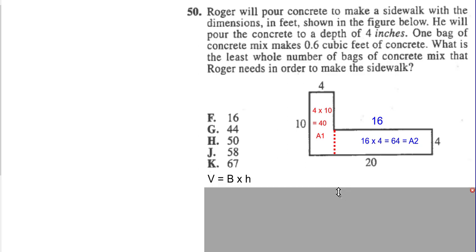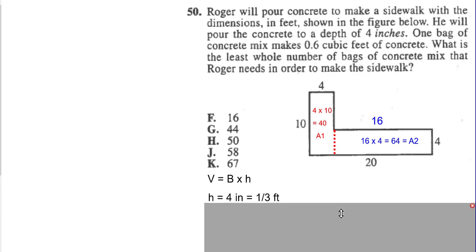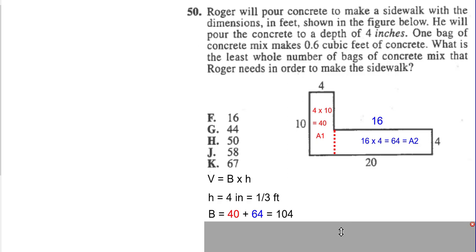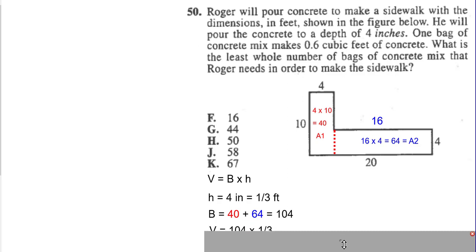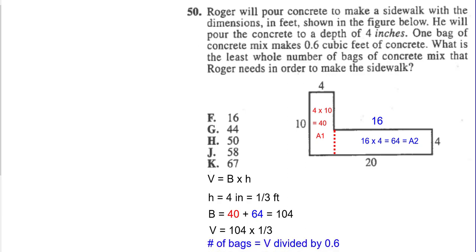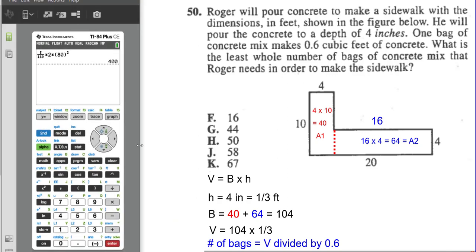Recall that the volume of something is the area of the base, which would be this L-shaped shape, times the height, which is 4 inches, but we want to make sure we're in cubic feet, so we have to think of 4 inches as 4/12 or 1/3 of a foot. So the area of the base is 104 square feet. Multiply that by 1/3 of a foot. And then we need to divide that by 0.6 to get the number of bags.